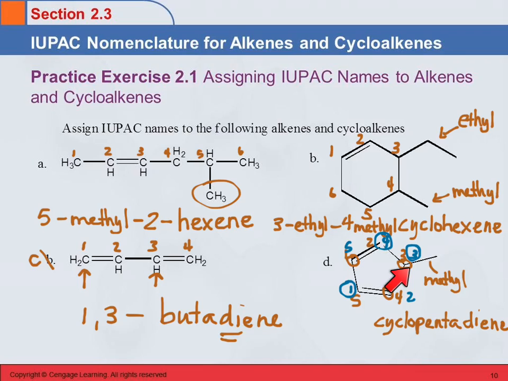That's worse because we still have 1 and 4 for the double bonds, but then the methyl group gets a 5 instead of a 3. So it's going to be 1,4-cyclopentadiene. 1, 4. And it's got a methyl group on the 3. There's not much space. We'll angle this up.